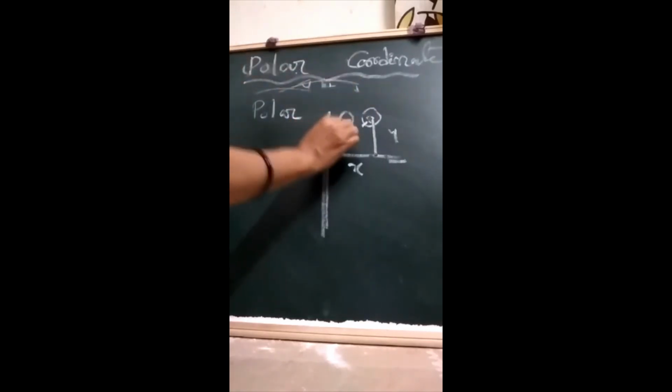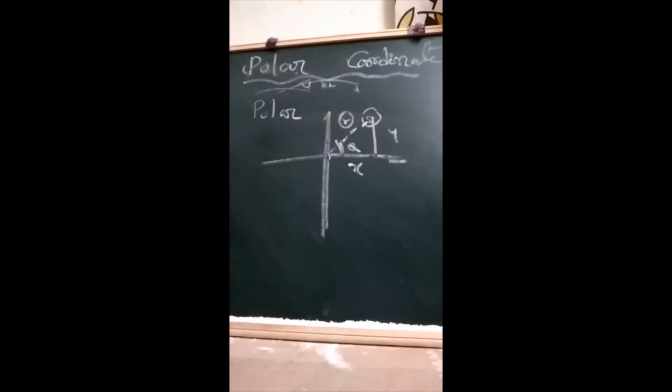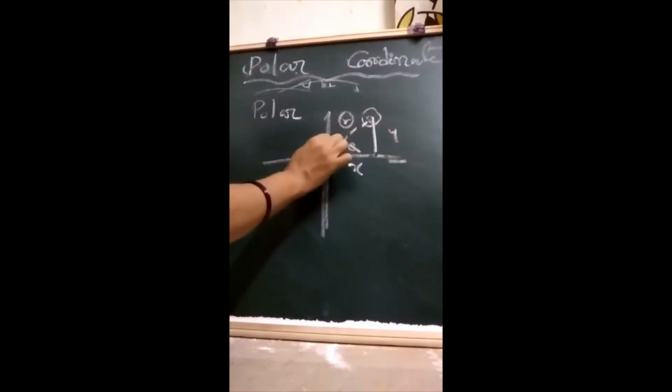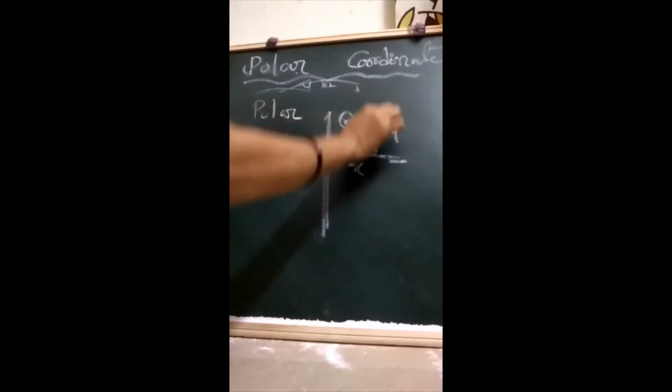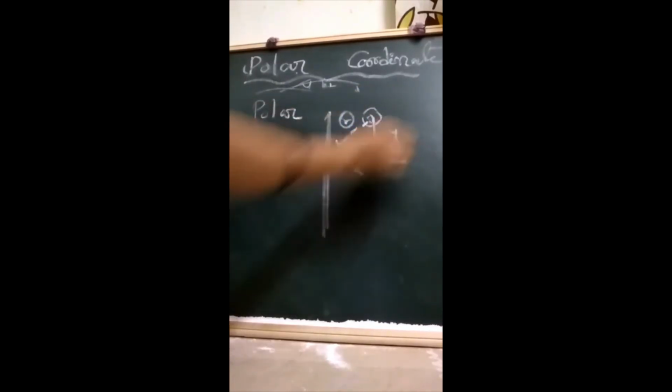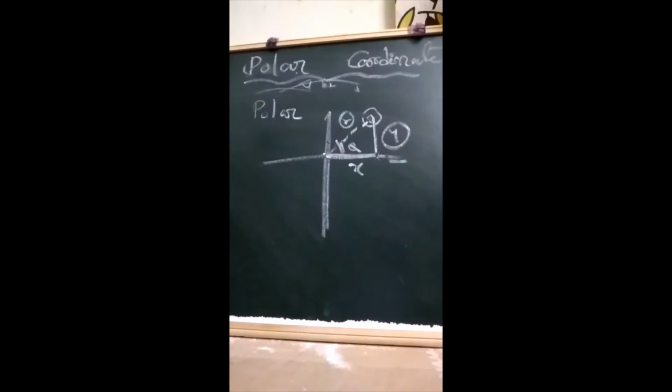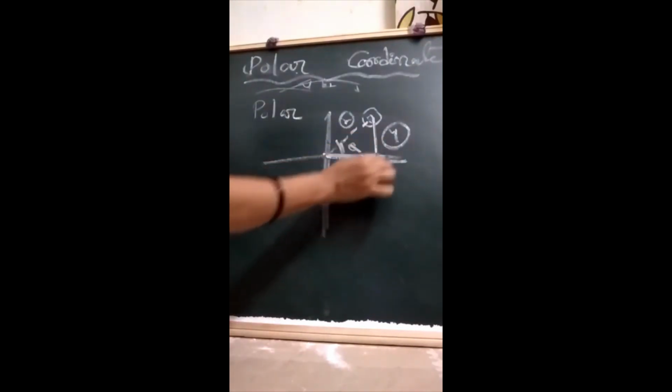Now come to the point of theta. You can easily find out theta in the polar coordinate system using the tan formula. Tan means perpendicular divided by base, opposite divided by adjacent. Here the opposite value, the y value, is known to you through the Cartesian coordinate system, and the x value is known to you.